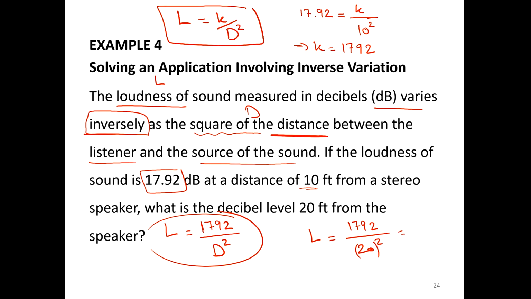So we have 1792 divided by 20 squared, which is 400. This equals 4.48 decibels of loudness.